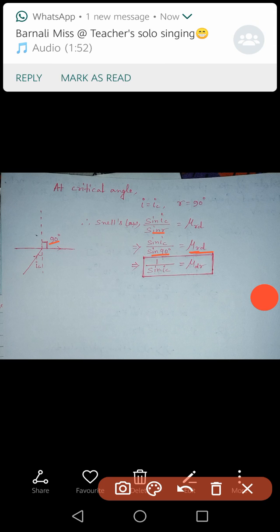Now sin R, in this particular case, is how much? 90 degrees. So sin 90 will be 1. So sin IC by 1 is equal to mu RD. But remember that whenever we establish a relation, this mu RD represents the refractive index of the rarer medium with respect to the denser.